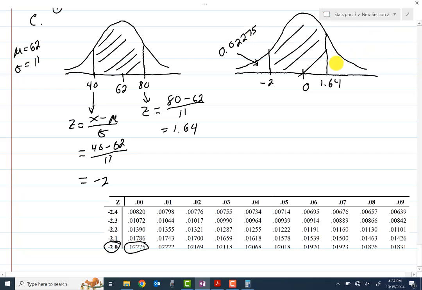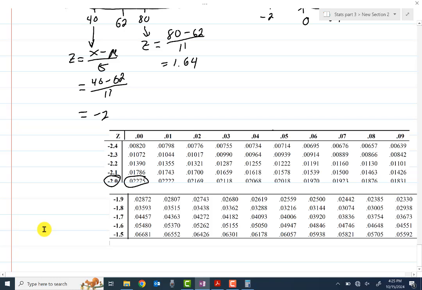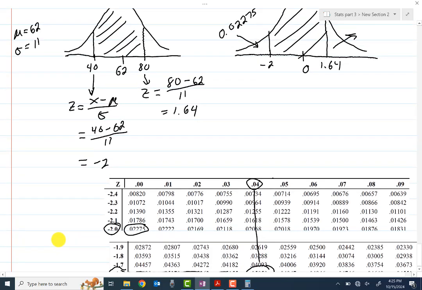Now to get this area up here, you can look up -1.64 in the table. Here I've added in the relevant section. I think I'm fairly lined up enough. I need -1.6 and then 4. So I'll come here and here to this one, 0.0505.